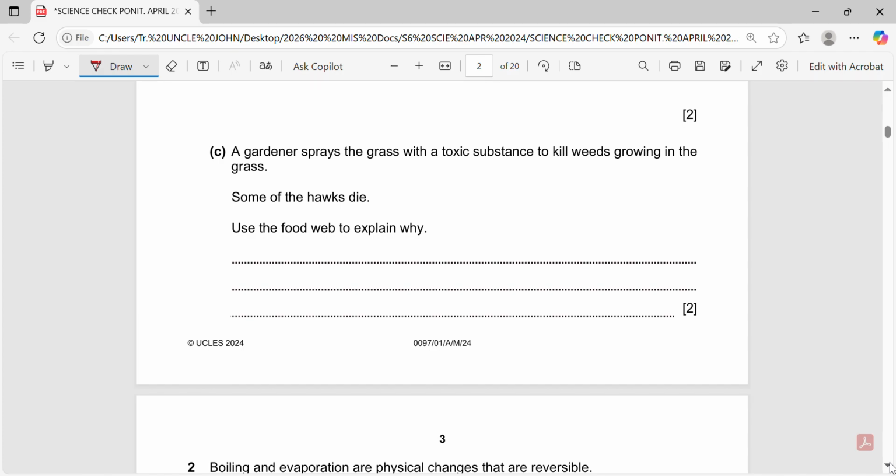The answer is, the toxic substance goes from grass to mouse, from mouse to grasshopper, from grasshopper to herbivore. Or you can say that the hawk eats a mouse containing a toxic substance, or the toxic substance is transferred through the food chain to the hawk.